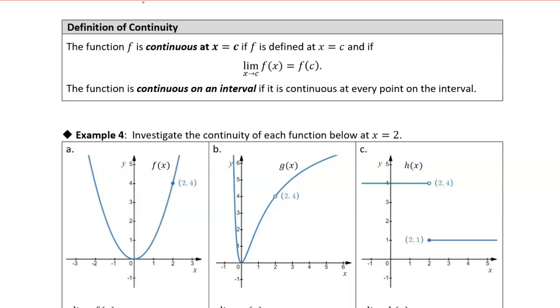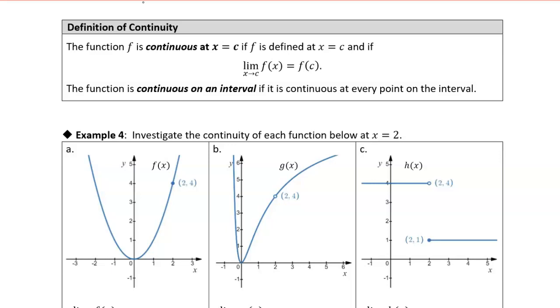All right, so now let's look at the definition of continuity. So a function is continuous at a point c if the limit as x approaches c of f of x is equal to the value of the function at c.